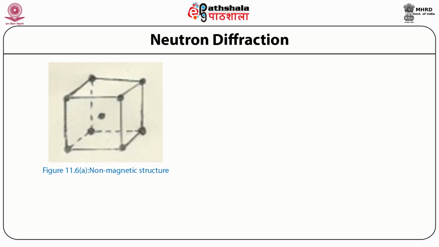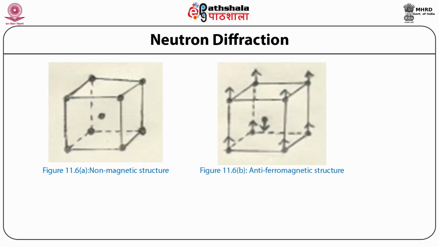Figure 11.6a is for a non-magnetic structure and figure 11.6b is for an antiferromagnetic structure.